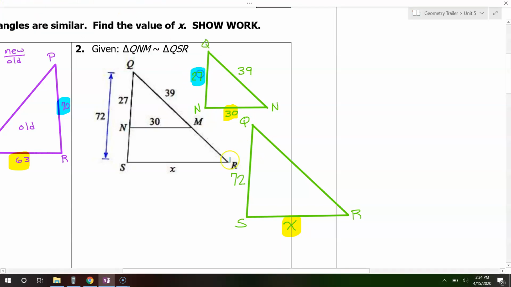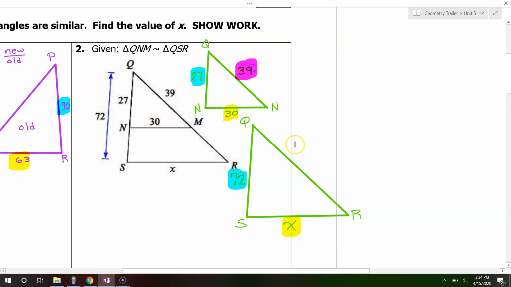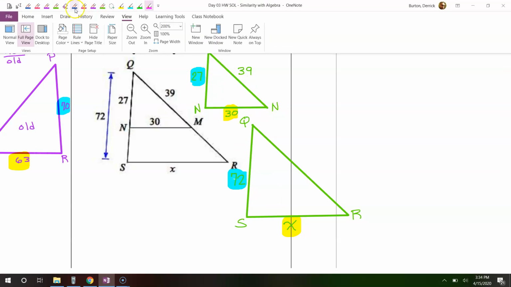And the 27 and the 72 are in the same position, so they are corresponding. The 39 is in the same position as this empty space. But since the 39 doesn't match anything, I'm really not going to use that. So I might as well just stick to the yellows and the blues.